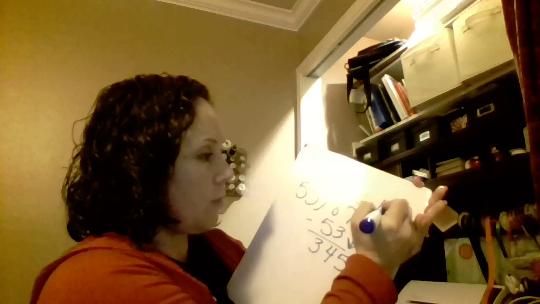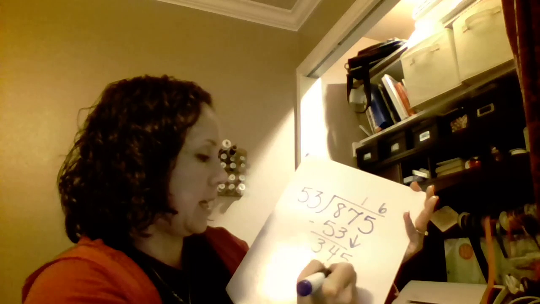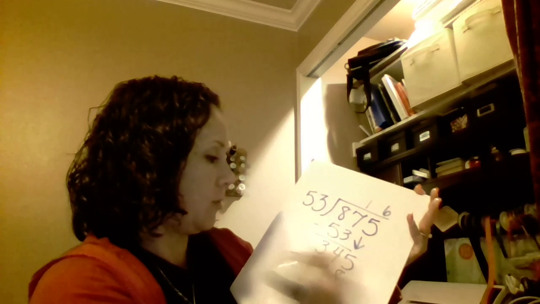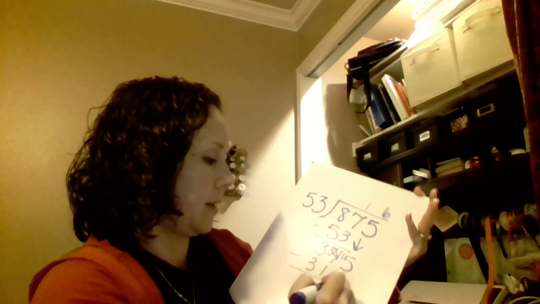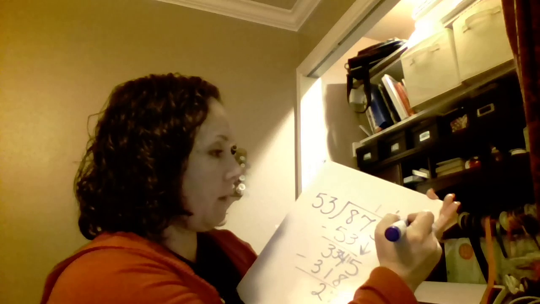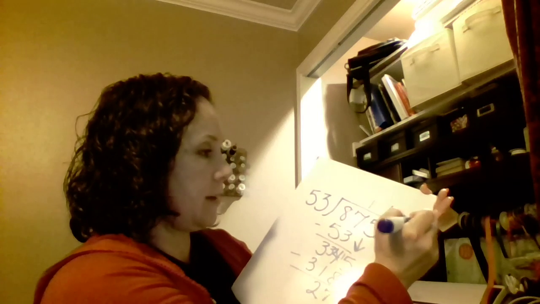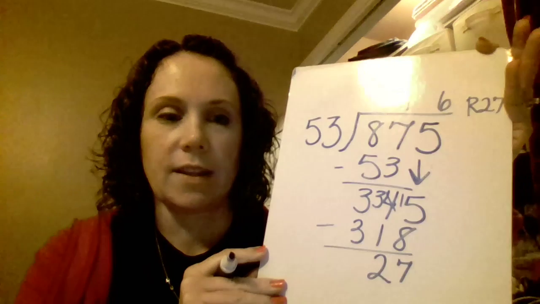So 53 times 6 is 318. Subtract that out. Make sure that we borrow correctly here. So that would be 16 with a remainder of 27. Sorry, I don't know if you can see that or not.